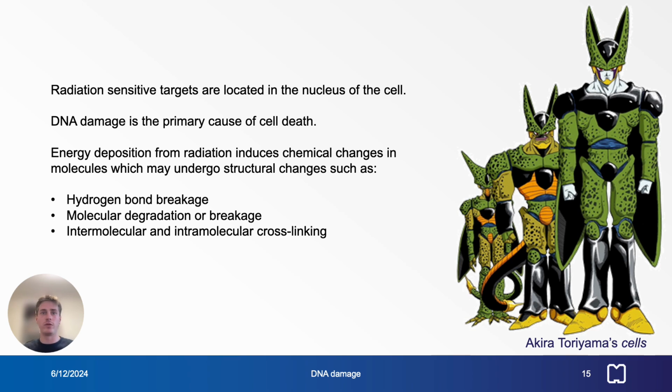If a key molecule for which the cell has no replacement, such as DNA, is damaged or destroyed, this may result in cell death. But cell death doesn't mean physical destruction, but rather loss of mitotic capacity or the premature activation of apoptotic pathways. Rupture of hydrogen bonds that link DNA base pairs may lead to irreversible changes in the secondary and tertiary structures of the molecule.